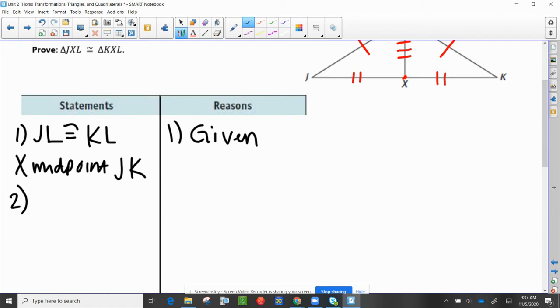Remember when I marked JX and XK, I marked those as congruent. So we have to say why we did that. JX is congruent to, let's say, XK. And the reason those were congruent is because they told us that X was the midpoint. So that's our definition of a midpoint.